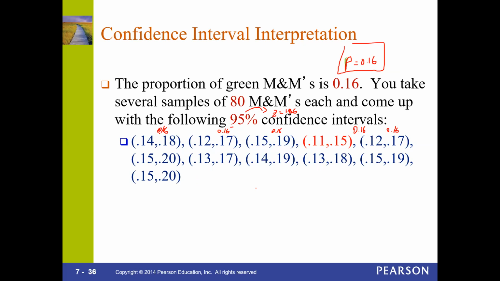If you want, I can also add one in which it is more than that. I can say, for example, 0.17, 0.19, 0.20. In this case, the 0.16 is below, so I overestimate.